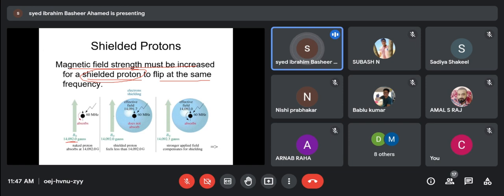Assume you have a proton which is surrounded by electrons. Imagine the sphere as an electron. You are applying the same 60 megahertz frequency, with the same external magnetic field strength, but the proton will not absorb. It will not flip, because the electron is shielding.